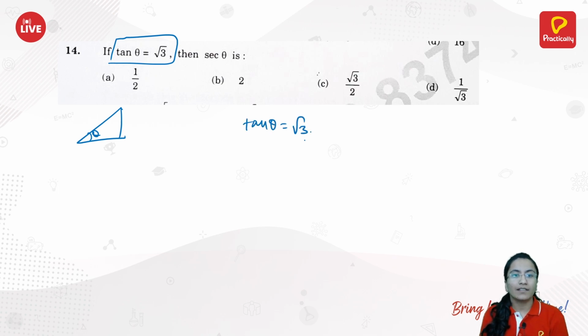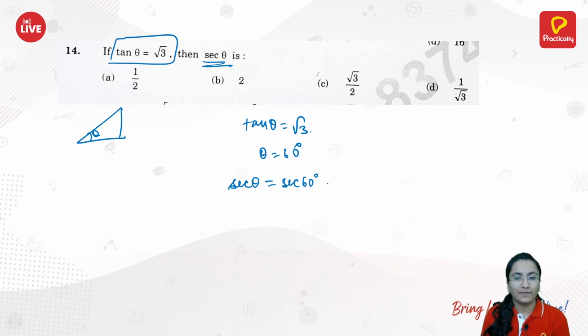We know that tan takes the value root 3 at 60 degrees, right? So we are supposed to find secant of theta, which is secant of 60 degrees, right? Secant 60 degrees is 1 by cos 60 degrees, which is 1 by half, that is 2. So you get 2 as the correct answer, which is option B.